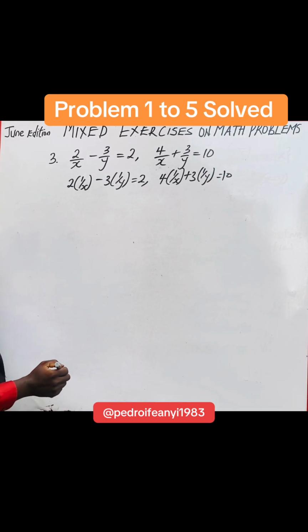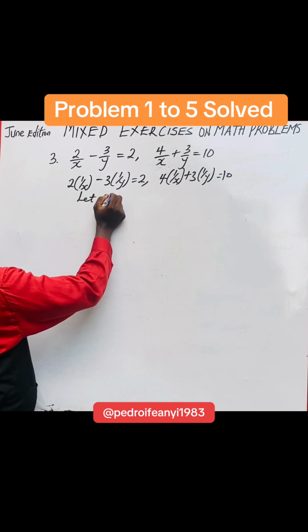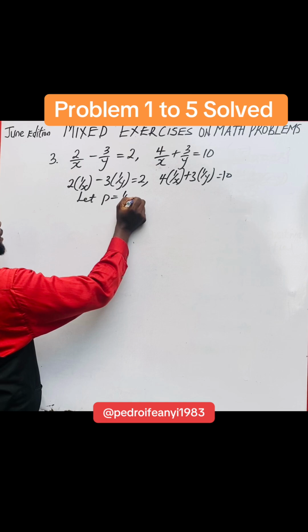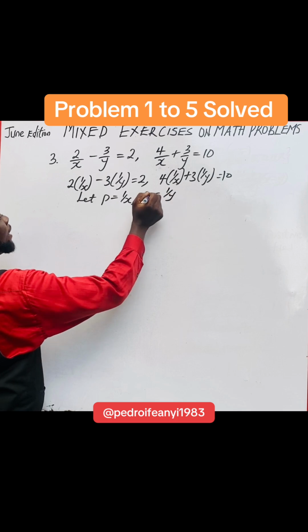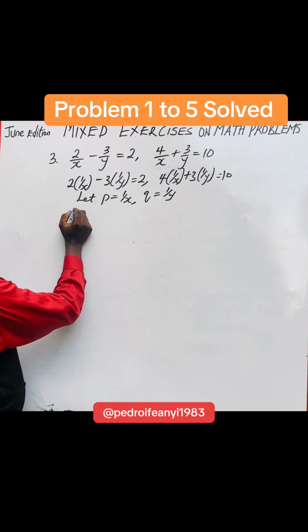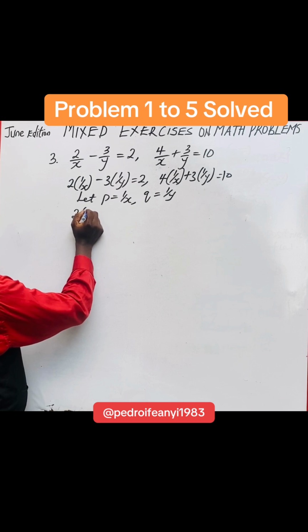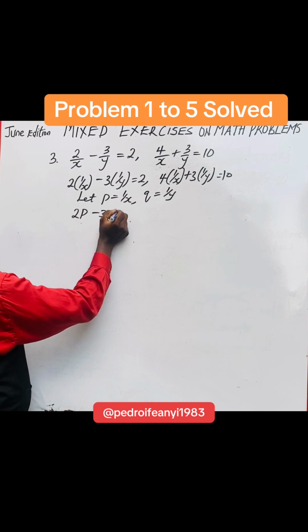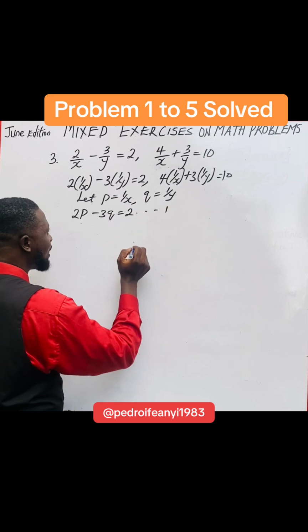With this now, you say let p equal 1 over x and let q equal 1 over y. So you can easily express this linearly. So you have 2p minus 3q equal to 2, equation 1.